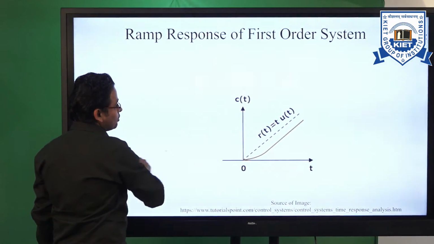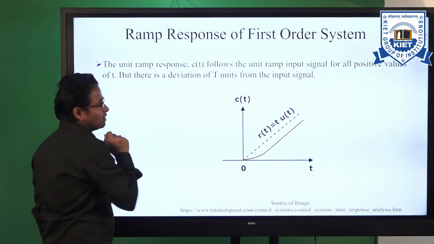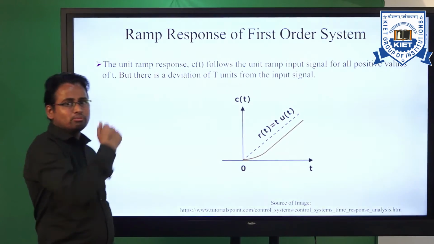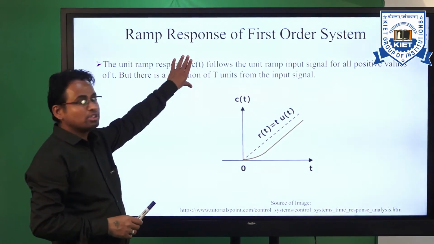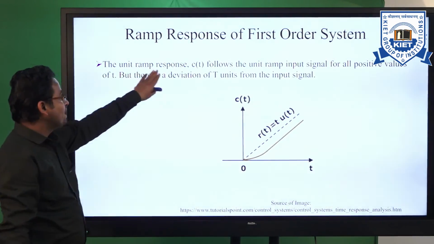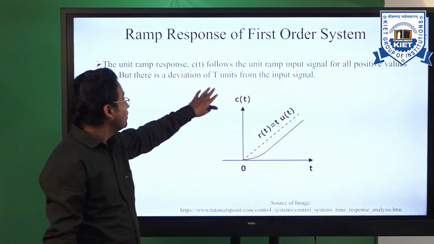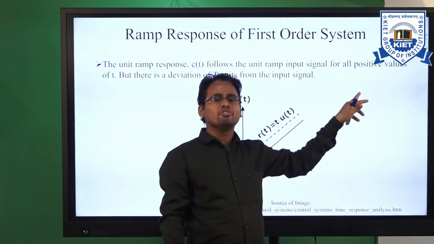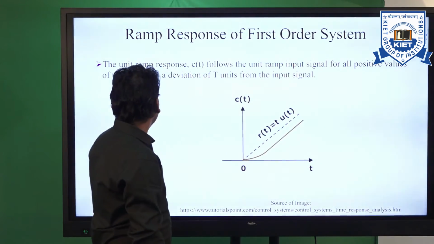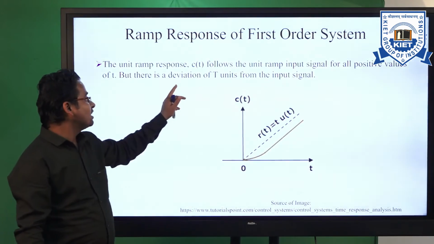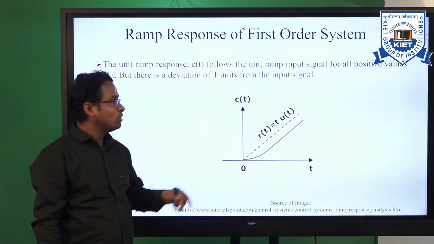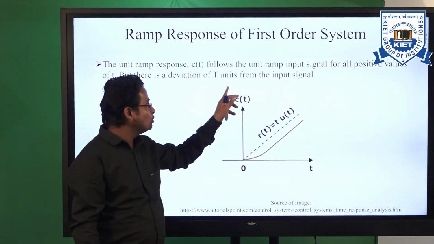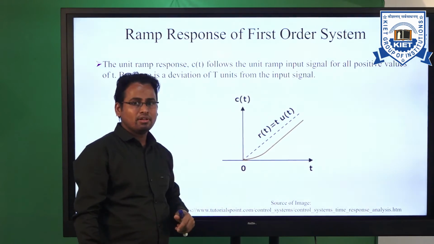Now come to the next. That is another similar response, but look at the outcome. The unit ramp response c(t) follows the unit ramp input signal for all positive values. But there is a deviation of capital T units from the input signal.